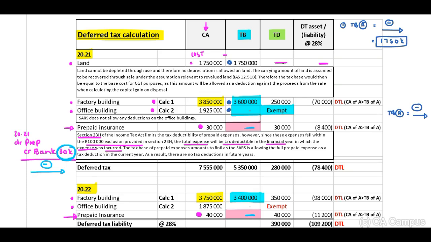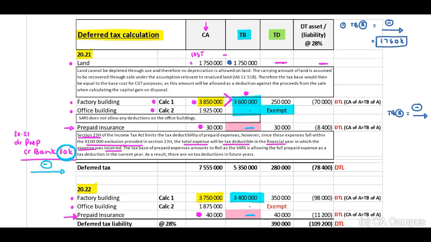Next line item, factory building. Our carrying amount of our asset exceeds the tax base. Do you see? 3.850 is greater than 3.6.